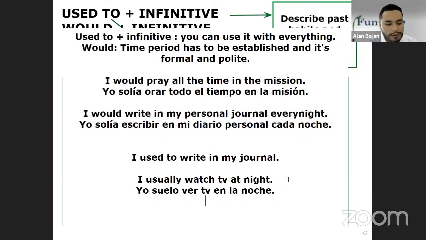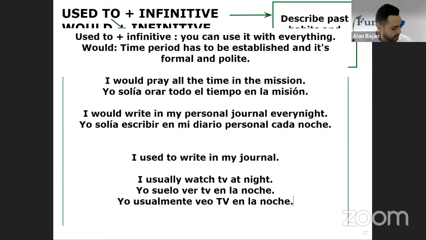You can also translate it like this. That doesn't sound very good, but that's the idea of suelo, hacer algo. I use usual. Okay, thank you. You're welcome, sir. John Steven.